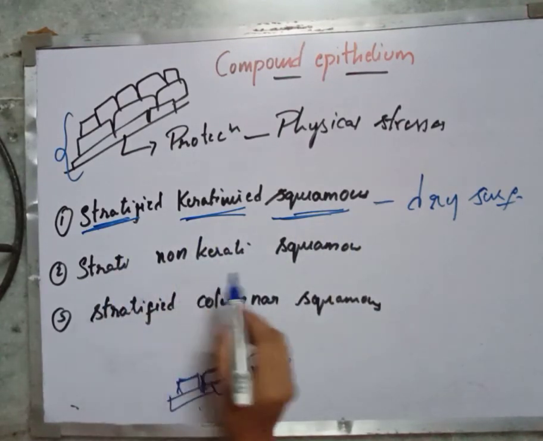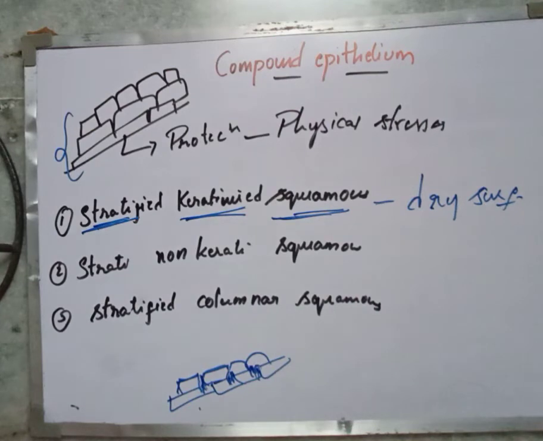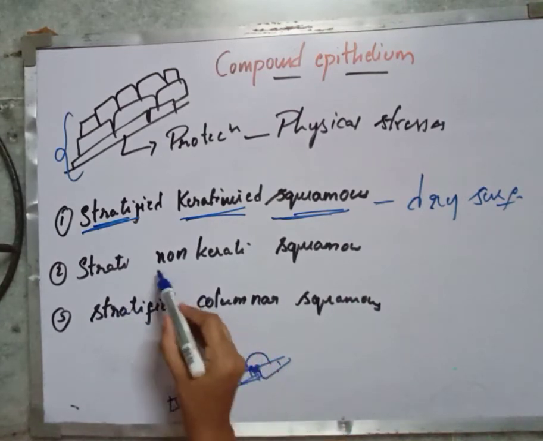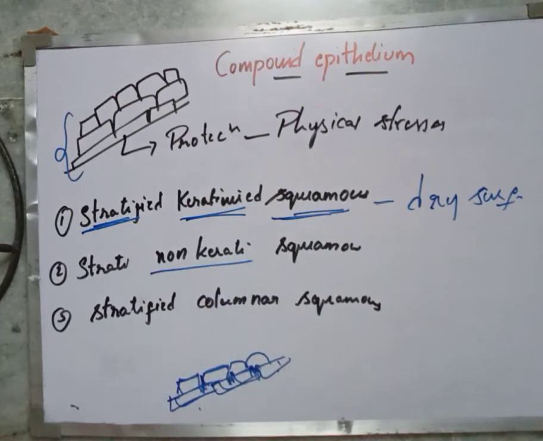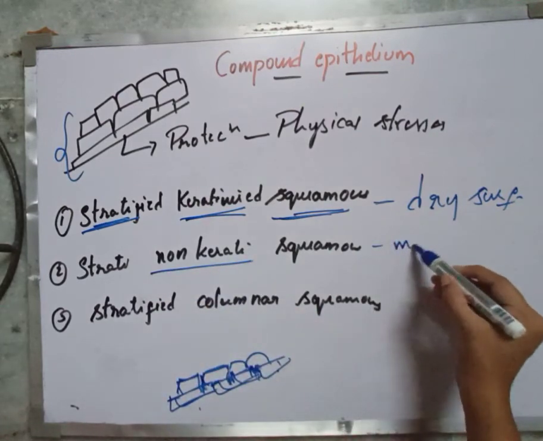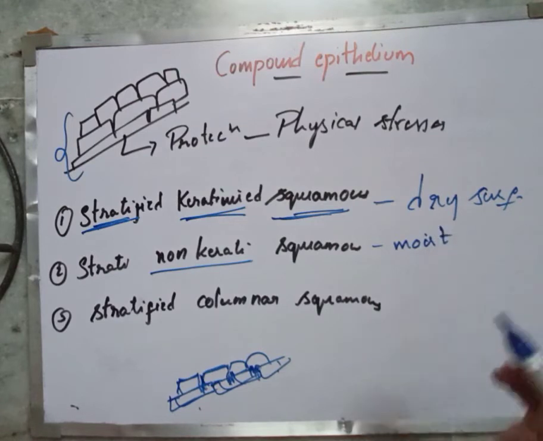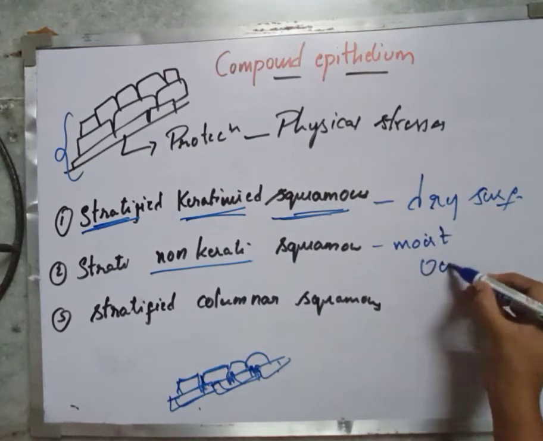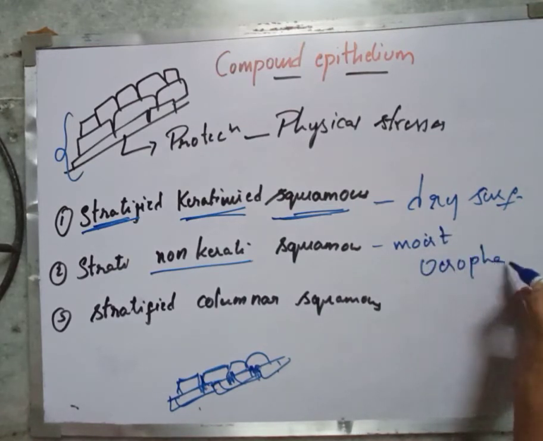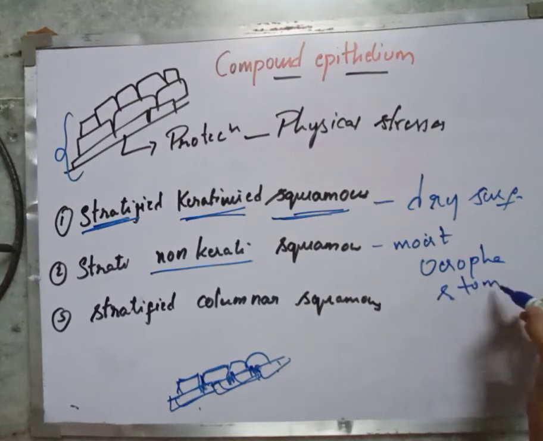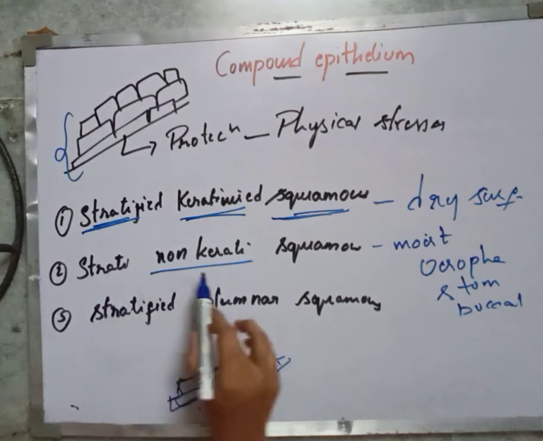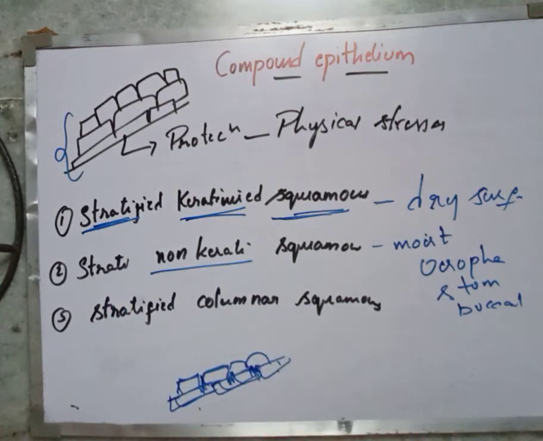And stratified non-keratinized squamous epithelium means it contains different layers of tile-like cells but does not contain keratin filaments. So it is mostly found on the moist surfaces such as the esophagus, stomach and the buccal cavity. So this is the location of stratified non-keratinized squamous epithelium.